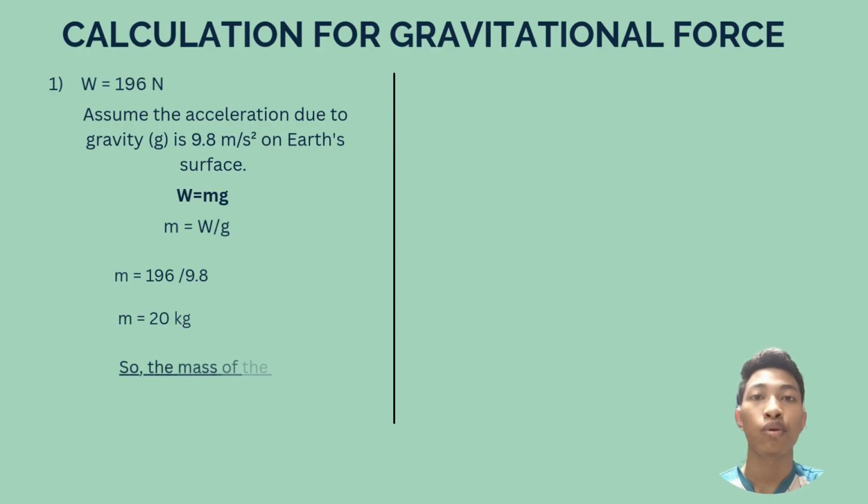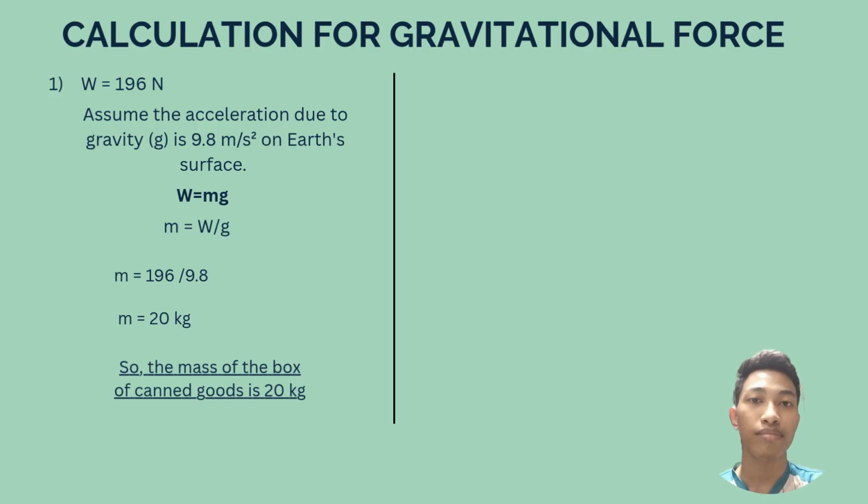So from the information, we know the weight of the canned goods is 169 newtons. We assume that the acceleration due to gravity g is 9.8 meters per second squared on Earth's surface. We are going to use the formula W equals mg, and change it a little bit, so it's going to be m equals W divided by g, since we are looking for the mass.